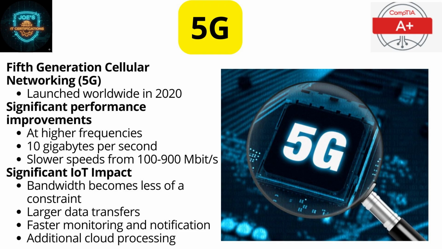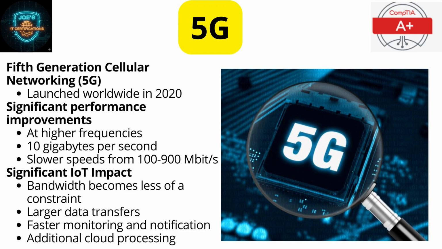This 5G technology over higher frequencies is designed to support up to 10 gigabits per second. And if you're running over other frequencies with 5G, you could have 100 to 900 megabits per second of total throughput. Having that much bandwidth available for a single device changes how we're able to use these devices.